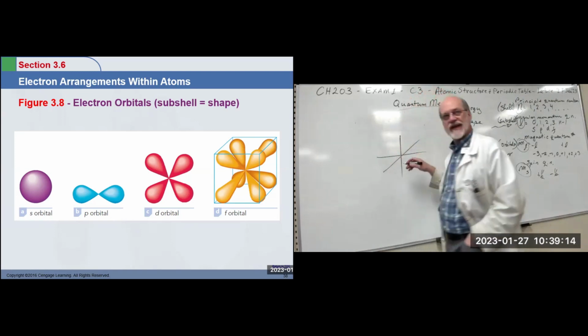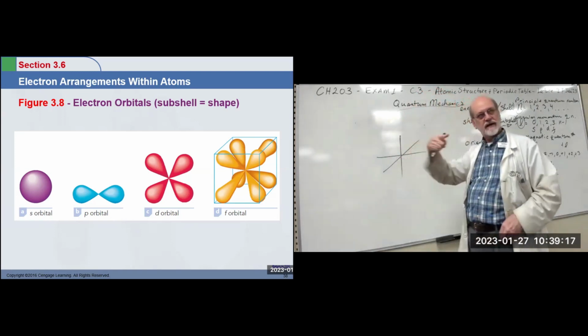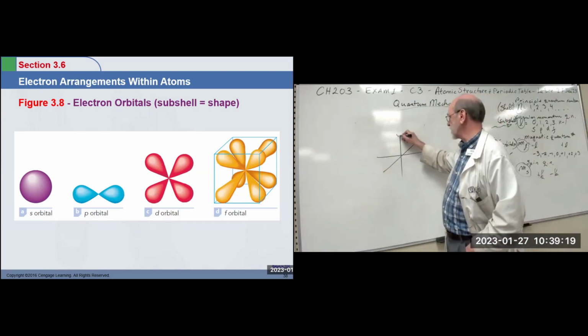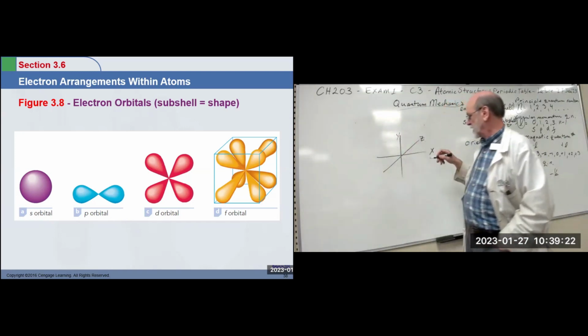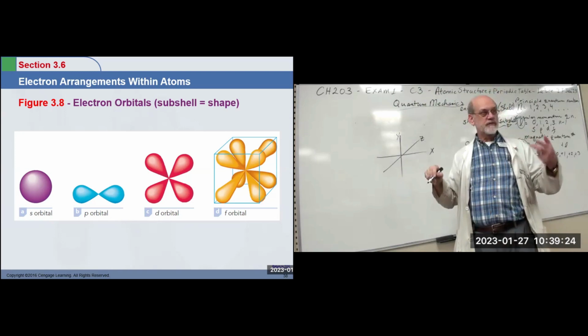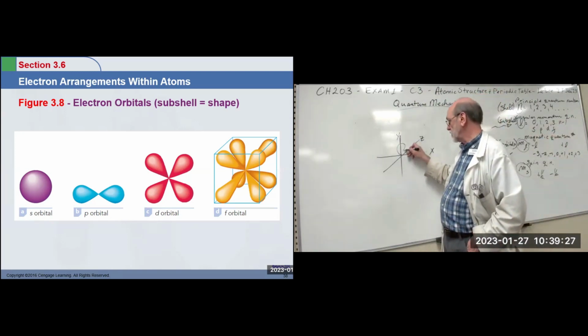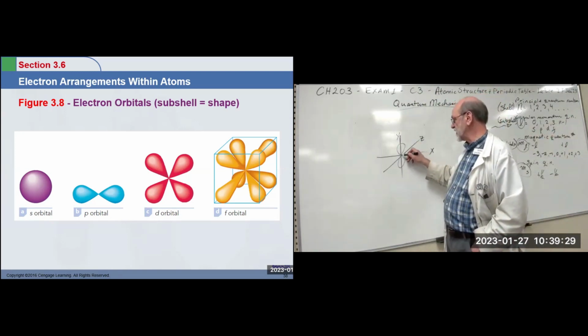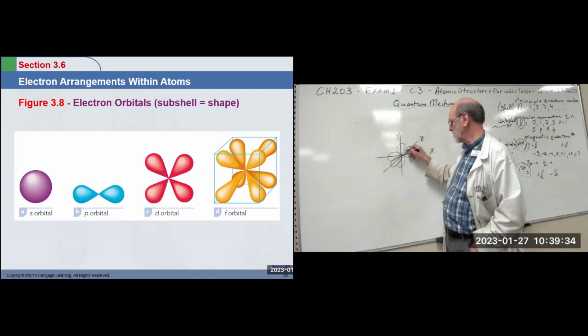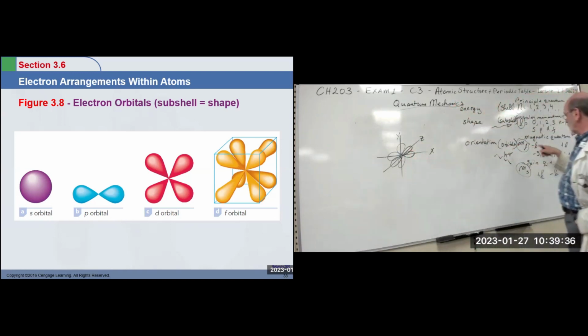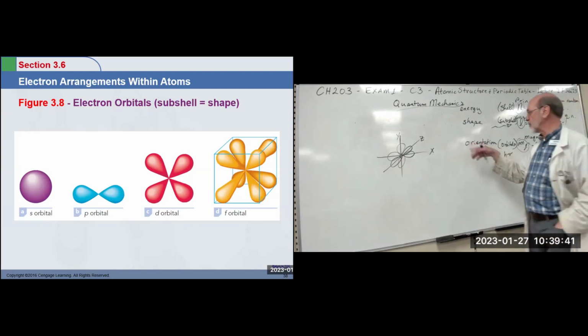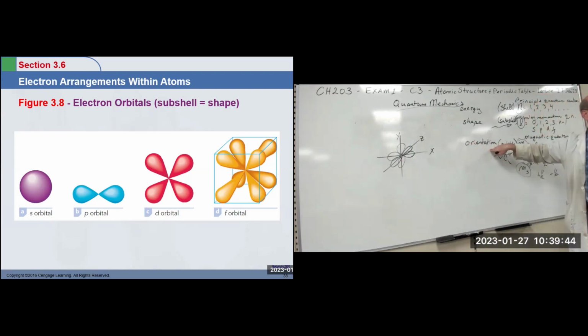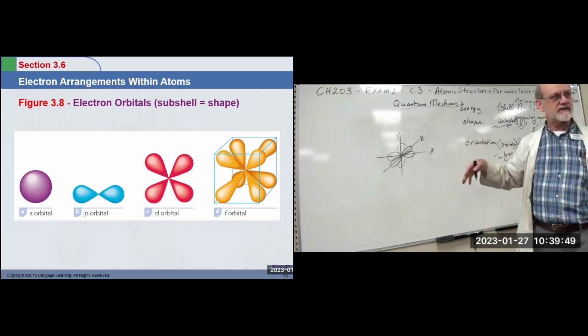On a three-dimensional scale, like this line is in and out of the board. So this is X, and this is Y, and this is Z. So one of those, the -1s, for instance, would look like this. The zeros would look like this, and the +1s would look like this. So each one of those p orbitals has a different orientation based upon this number, -1, 0, or +1. That's orientation in space.